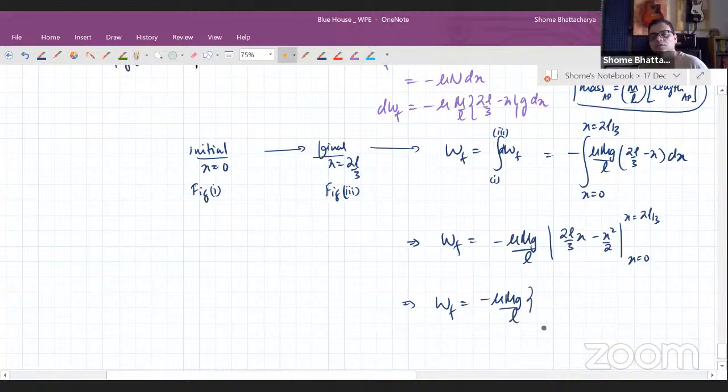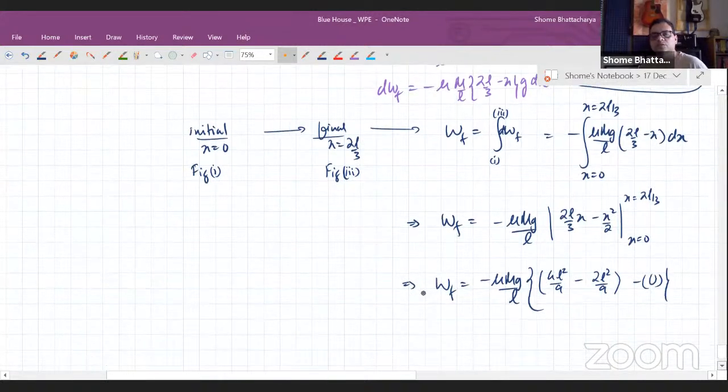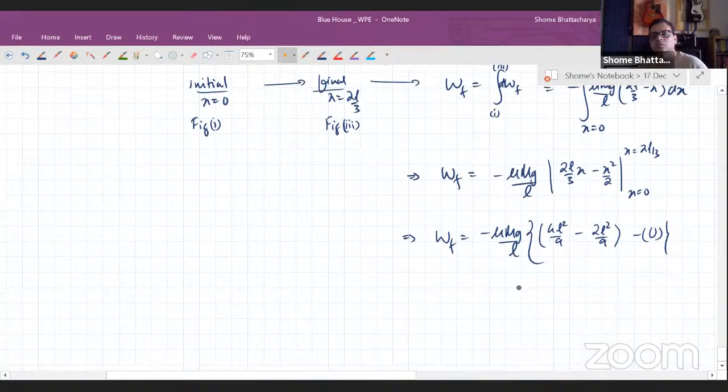So the upper limit will become 4L square by 9 minus 2L square by 9. The lower limit is 0. So 4 minus 2, that's 2. So minus mu mg by L into 2L square by 9.